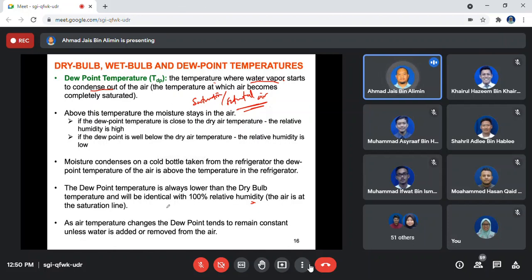As the air temperature changes, the dew point tends to remain constant unless water is added or removed from the air. So the dew point is important if, for example, you are using an air conditioning process that wants to cool down a volume of air, but you don't want to encourage the generation of liquid.